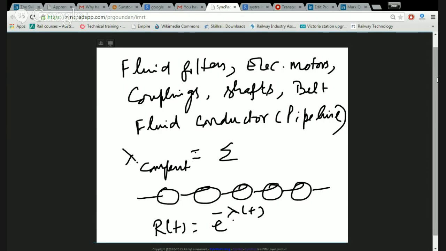In the actual design process, it will be the reverse. You take the component, you take the lambda, do the design, then test it, verify it, and satisfy yourself, then use it in the system, in the metro or wherever it is, then look at the punctuality or the reliability of the system or the equipment.